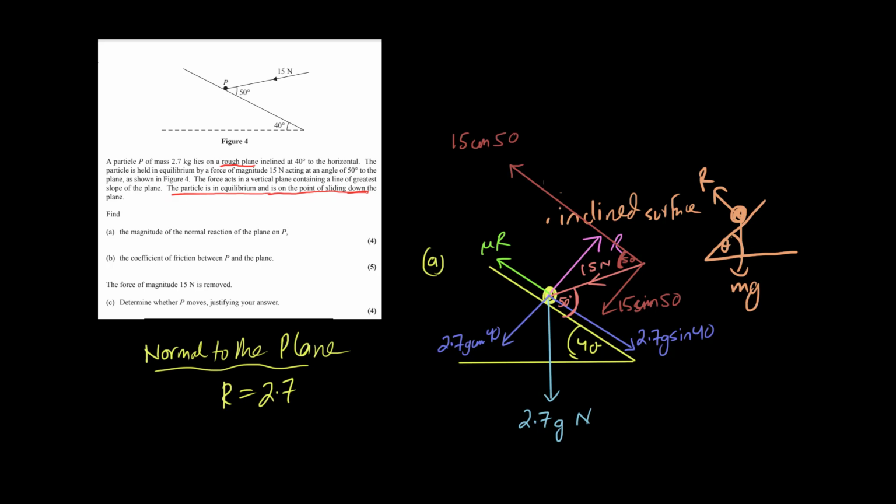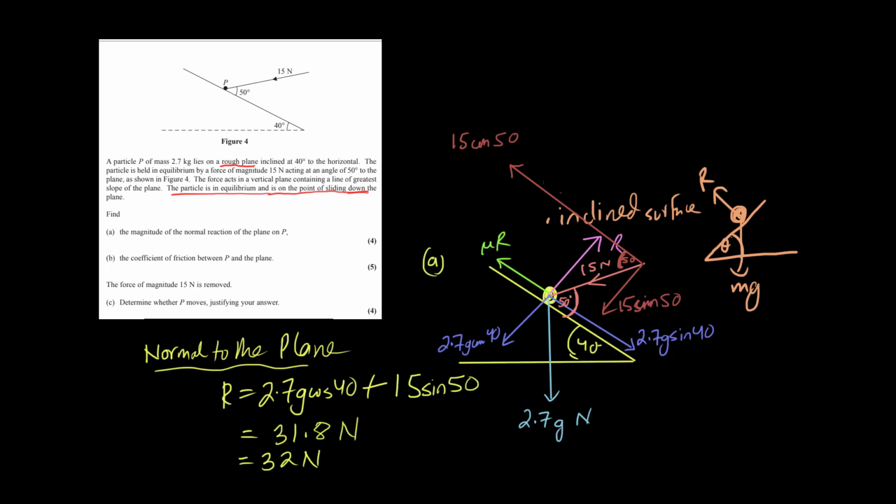One is 2.7 g cos 40, which is this force going down, plus another force going normal to the plane, which is 15 sine 50. This calculation is going to give the value of r. So this is going to be 31.8 Newton. It's a good idea to write down the answer to two significant figures. So the answer would be 32 Newton.